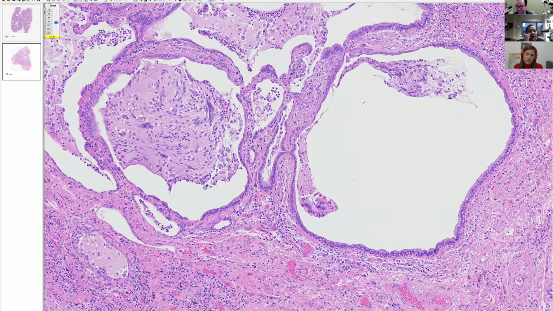So the same question I asked Irene: how do you differentiate between peribronchial metaplasia and honeycombing? To me, it's the architectural distortion. We've lost the normal alveolar architecture here, and we have these cystically dilated spaces with intervening fibrosis that stack on top of each other.